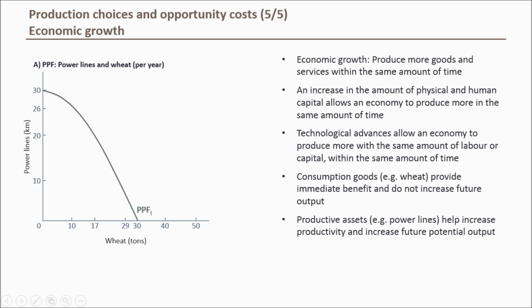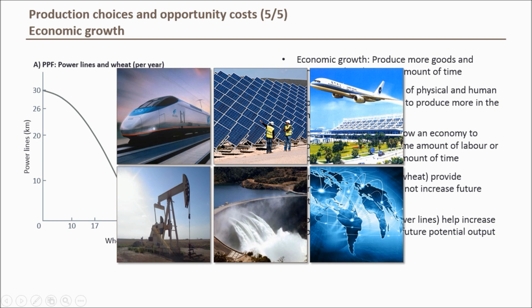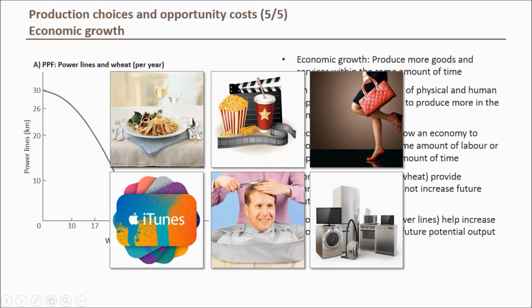So power lines increase the amount of goods and services that an economy can produce, therefore supporting economic growth. Goods such as railroads, airports, water, electricity, oil, or faster internet are all goods which increase production capacity. Goods such as restaurant food, movies, fashion, music, haircuts, or even household appliances are considered consumption or consumer goods, which do not increase future production.